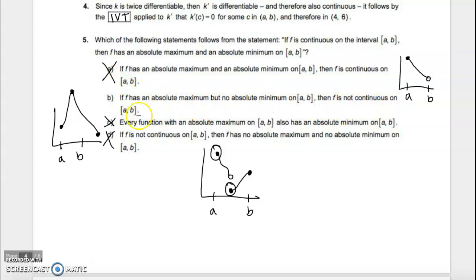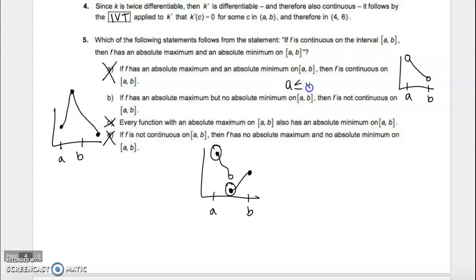then it's not continuous on a to b. I can't draw a completely continuous function, including the endpoints, that doesn't have a minimum. I could do a to b with both having open endpoints, but then they wouldn't be continuous with the inclusion, right?